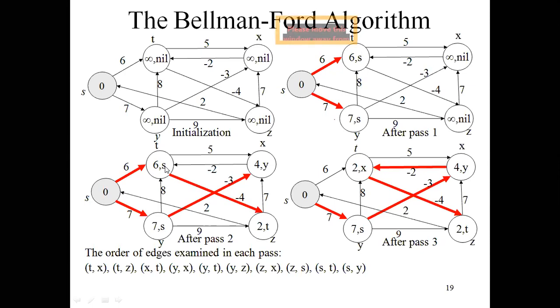In the same way, from vertex y to vertex x, 7 minus 3 is 4, so the value of x is now 4. We have taken red color since these are the main edges; after updation, these are the shortest distance edges.